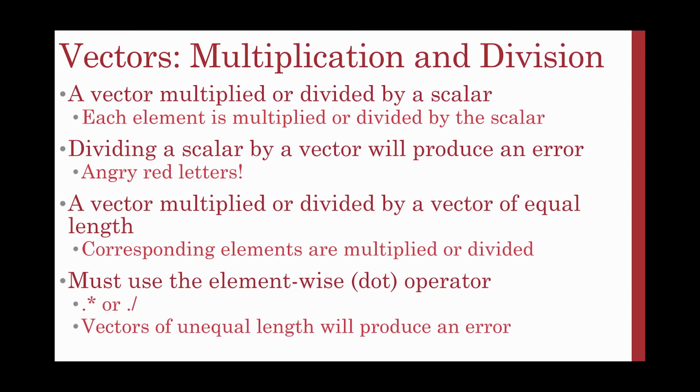In order to actually achieve this element-by-element multiplication or division that we want, we actually have to use some special symbols in MATLAB, which are the dot multiplication sign and the dot divide sign, because if you were to simply use the multiplication or division sign, MATLAB is going to try and multiply or divide your variables, your vectors, based on the rules of linear algebra, which are slightly above the math level of this course.